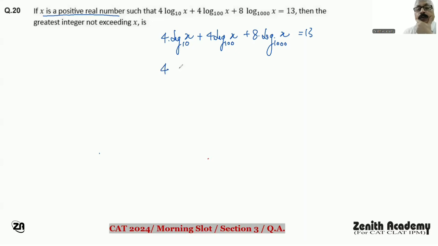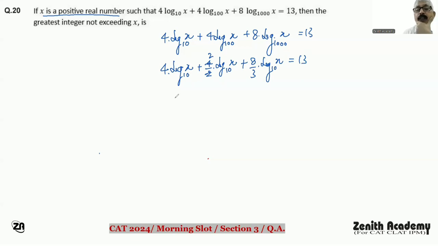Okay, 4 log of x base 10, and you can take it 10 to the power 2, means 4 by 2 log of x base 10, and here 10 to the power 3, so 8 by 3 log of x base 10 is equal to 13. So this is 2, 8 by 3.